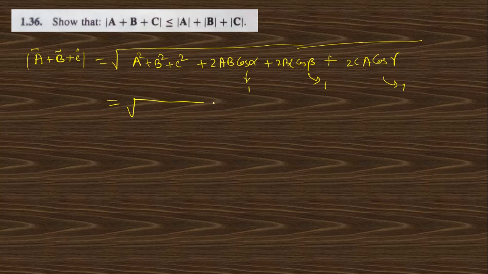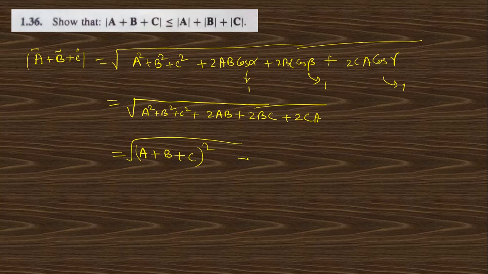If these three are 1, then it becomes A square plus B square plus C square plus 2AB plus 2BC plus 2CA, which is nothing but the root of (A plus B plus C) whole square. That means modulus of A plus modulus of B plus modulus of C. So this is the maximum value.